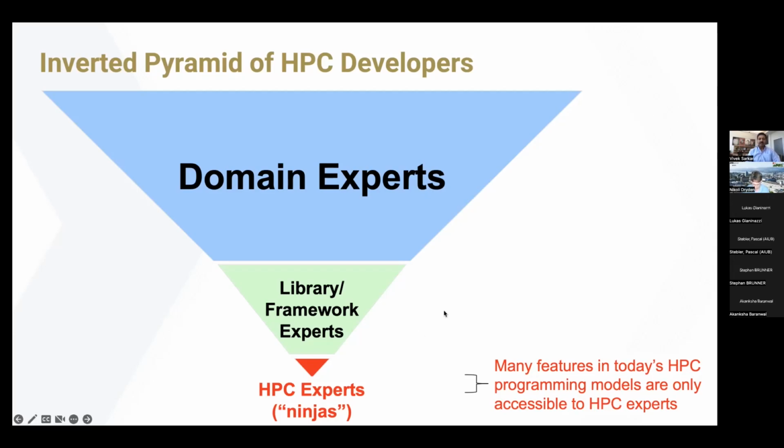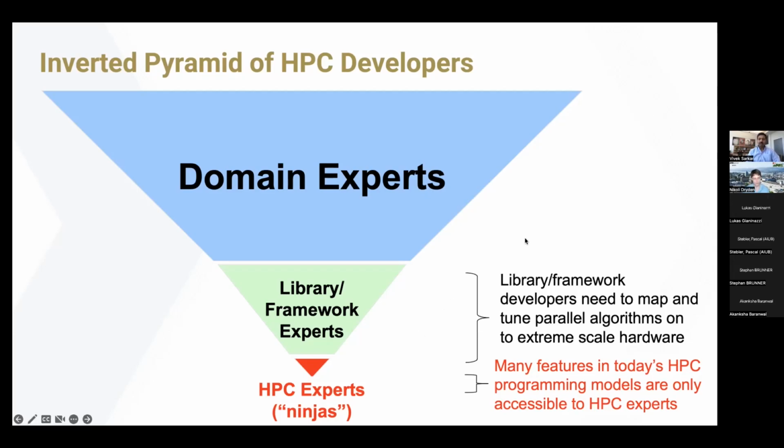The next level in the pyramid, and there are more of such people, are library and framework developers. And here, what we find is there are more of them, but they still need to understand the interface that the ninjas create to be able to develop libraries to map and tune parallel algorithms.